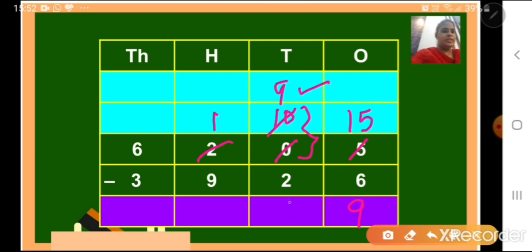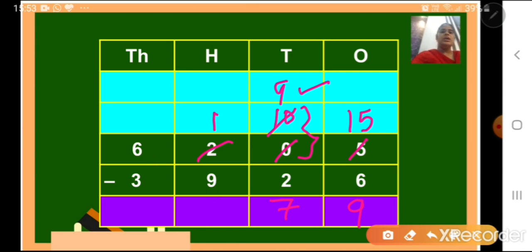So 9 minus 2 we have to do here. 9 minus 2 is, count after 2, 3, 4, 5, 6, 7, 8, 9. So how many fingers you have got? 7 fingers, right? So write your number 7. In hundreds place, we have 1 minus 9. Now is it possible, children, 1 minus 9?